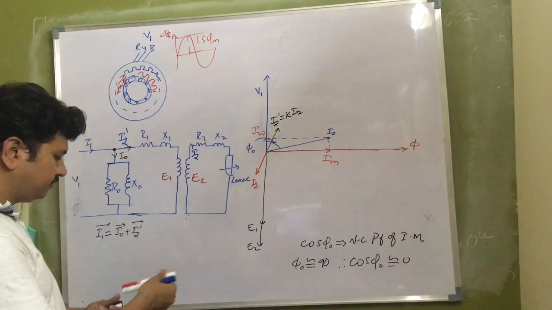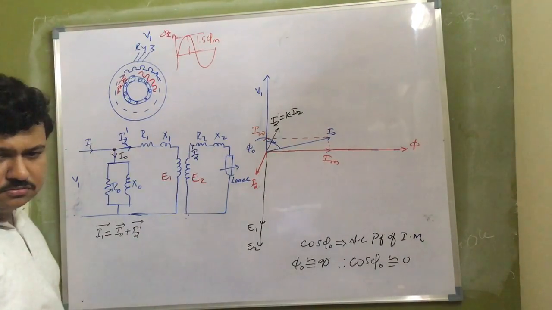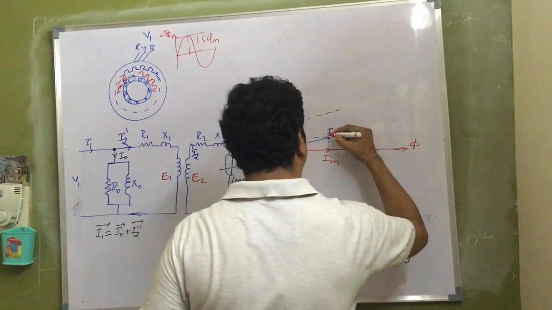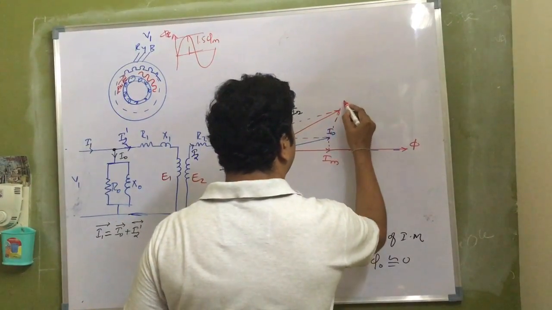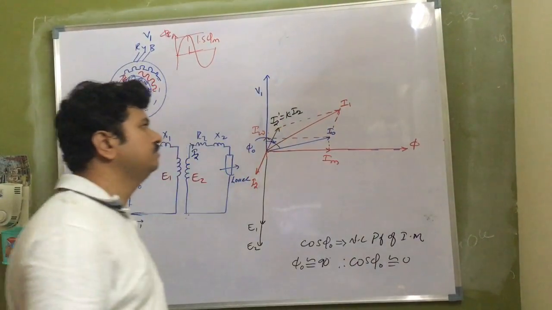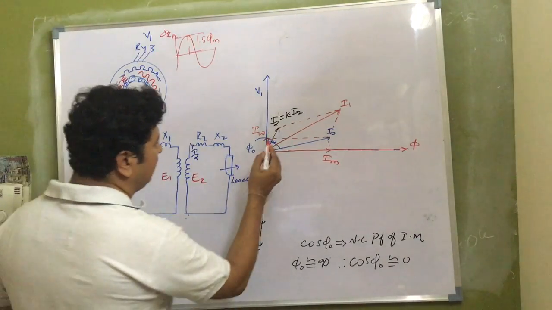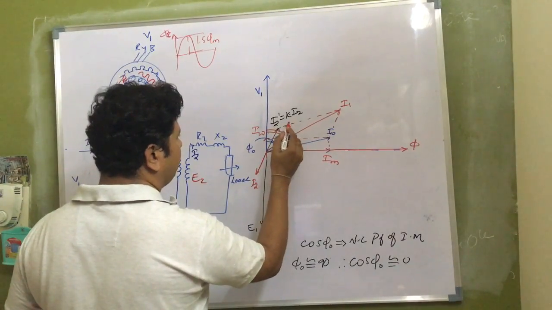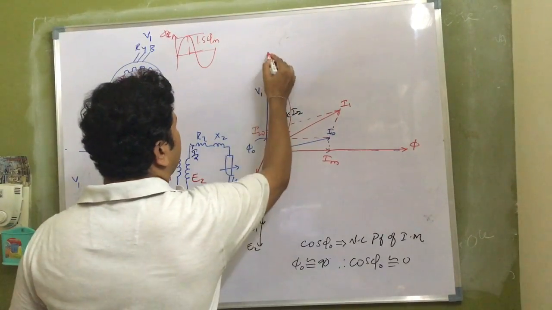Now add I2 dash and I0 vectorially. Now this is my I1. Let this be I1 with an angle. I will take this angle as phi 1. So what is cos phi 1?